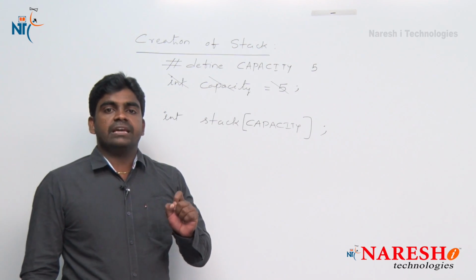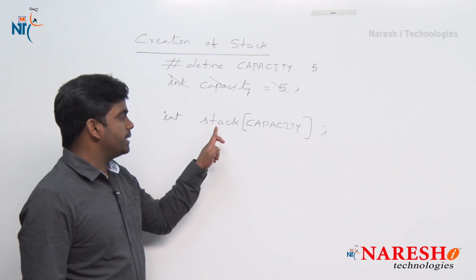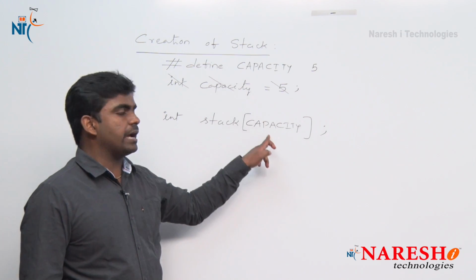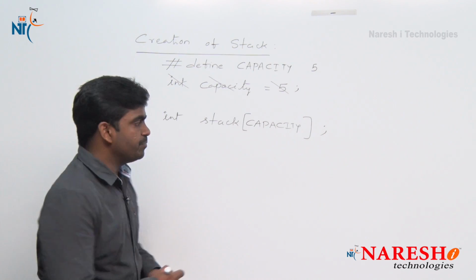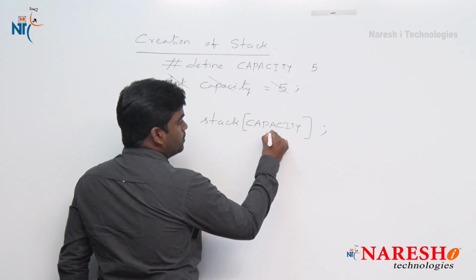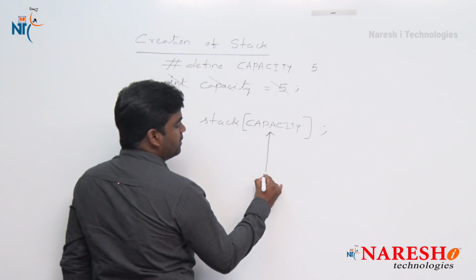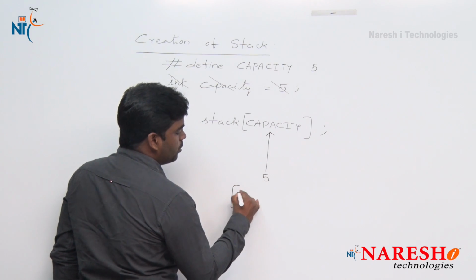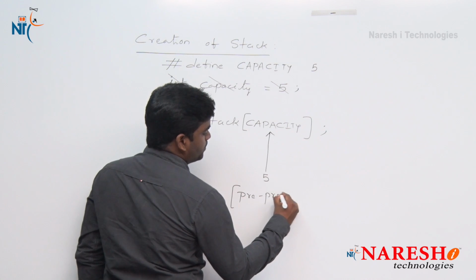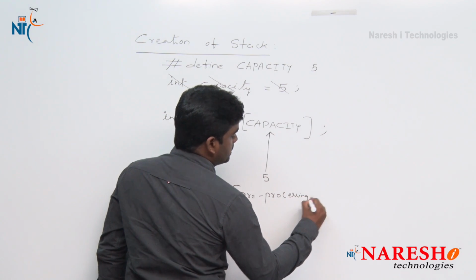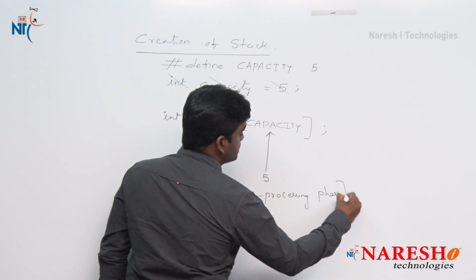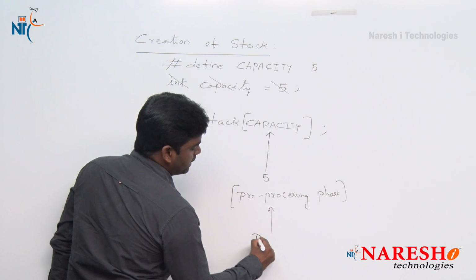Only macros we can pass when declaring arrays, not ordinary variables. Why, sir? What is the reason? In place of capacity, the 5 will be substituted at the time of the pre-processing phase. Pre-processing phase means that is before compilation.